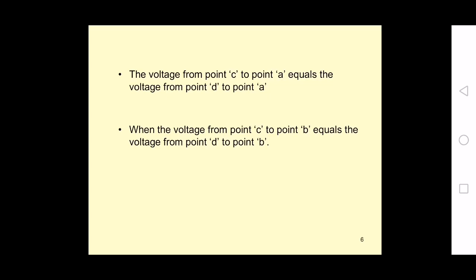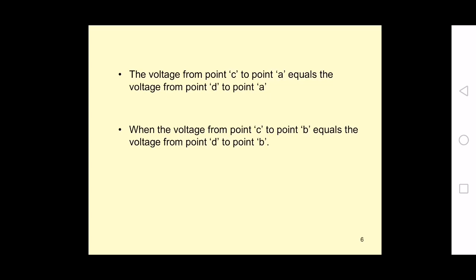So the voltage from point C to point A equals the voltage from point D to A, because the galvanometer is indicating a 0 reading.